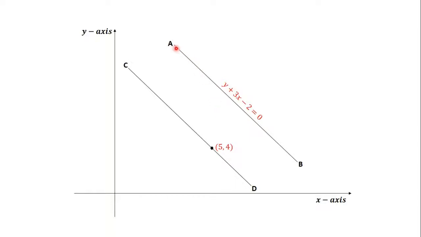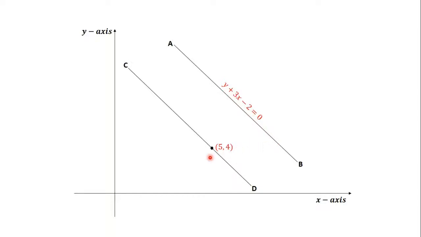We are going to call that line AB. And this line AB has the equation y + 3x - 2 = 0. So the line that passes through the point (5, 4) is parallel to another line, and that line has an equation y + 3x - 2 = 0.